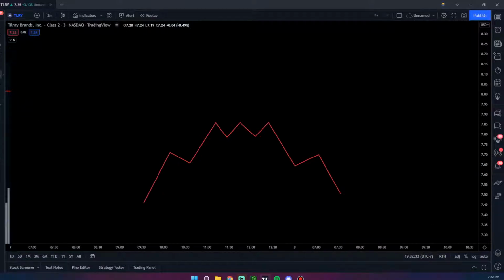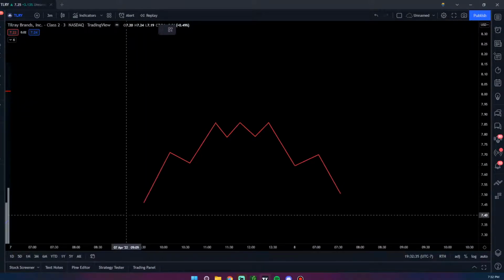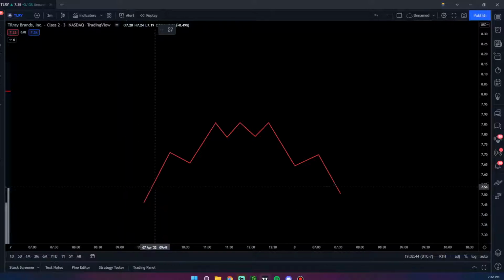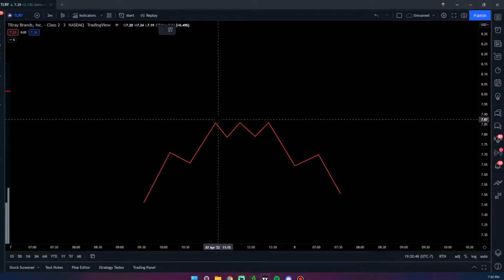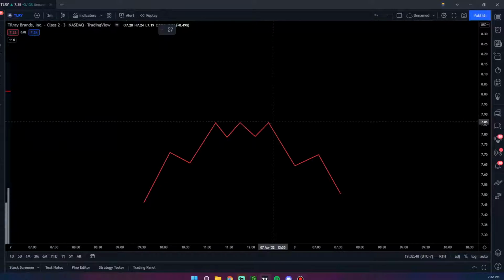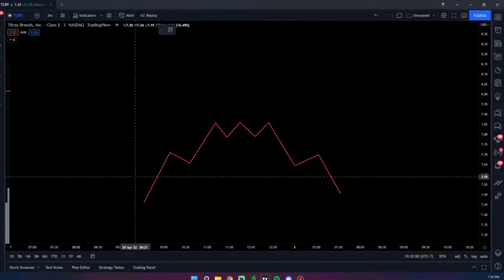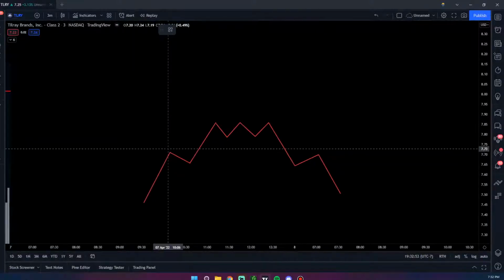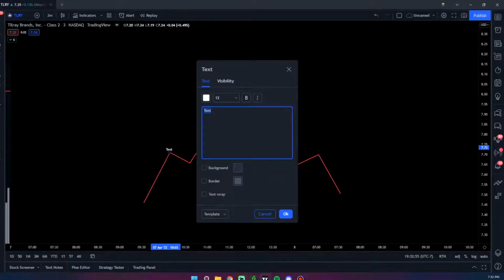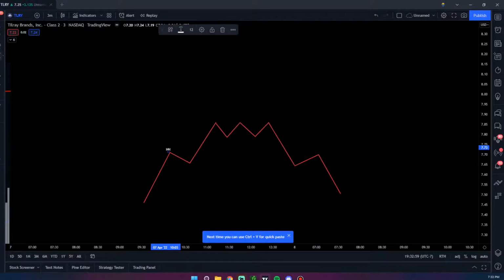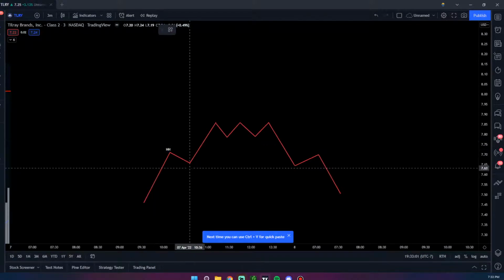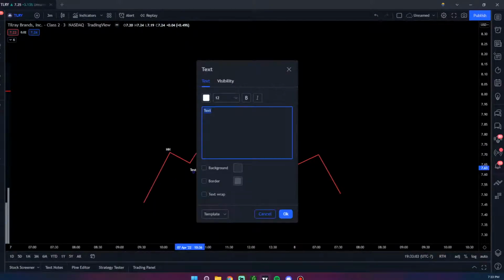Okay, so when we're looking at charts, we have one of three things happening. We're either going to be in an uptrend, consolidation, or a downtrend. This side here is going to be our uptrend. So this is our higher high. And then this one down here is going to be our higher low.